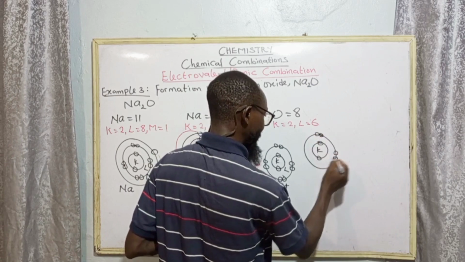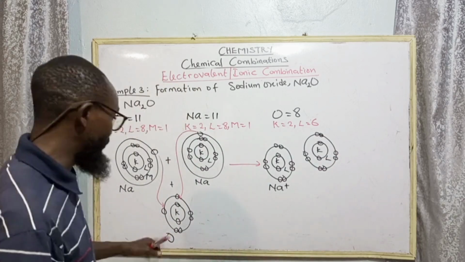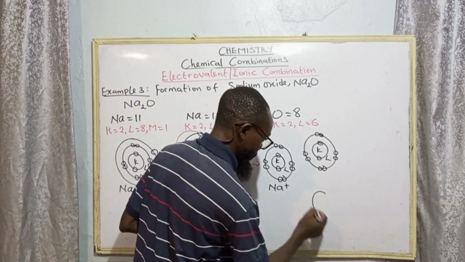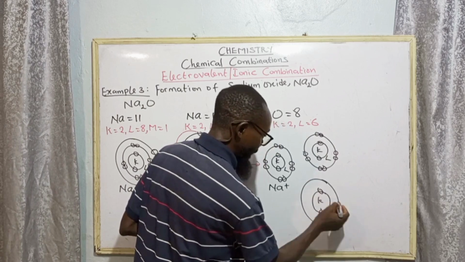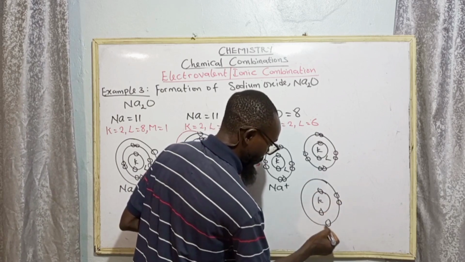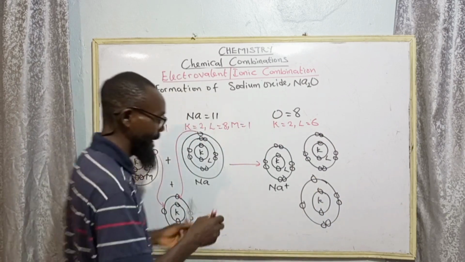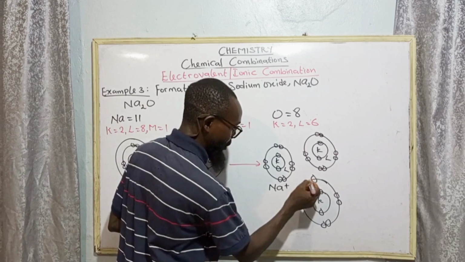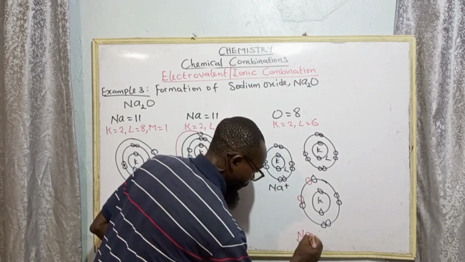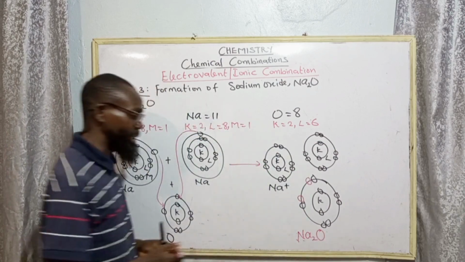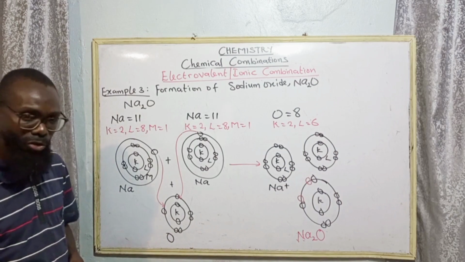So this is L shell. Therefore, oxygen, the K shell and the L shell too. Now, the first electron coming here, and second electron coming here. This is a formation of sodium oxide. So this is how to undergo the formation of electrovalent combination.